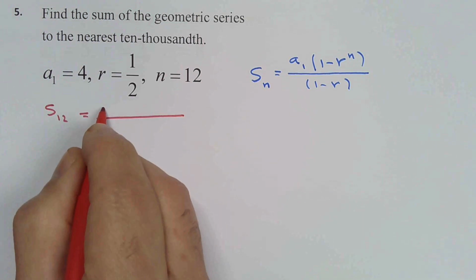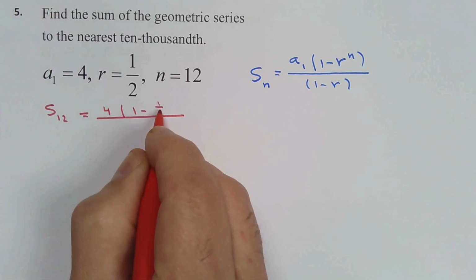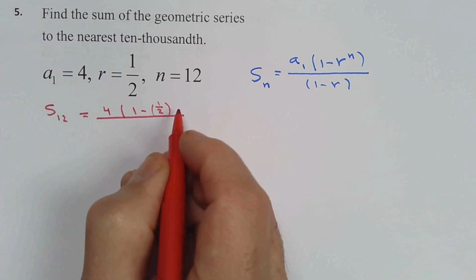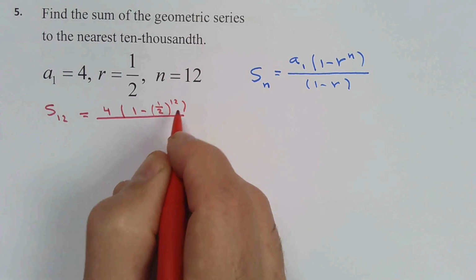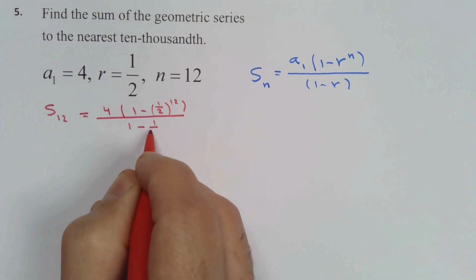the first term is 4, 1 minus r is 1/2 to the power 12, all over 1 minus r, which is 1 minus half.